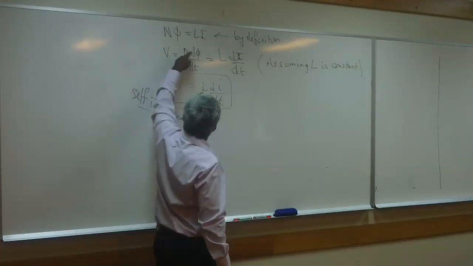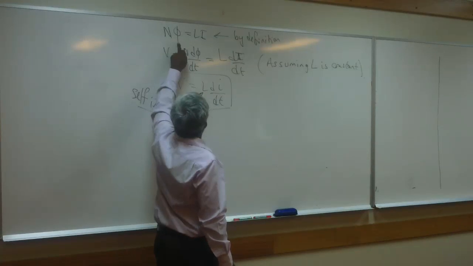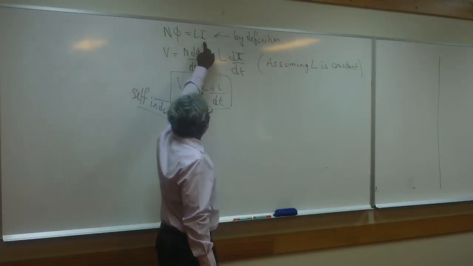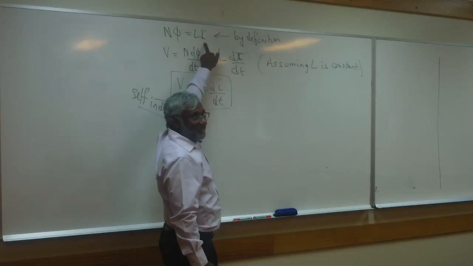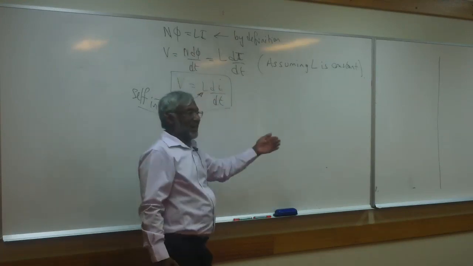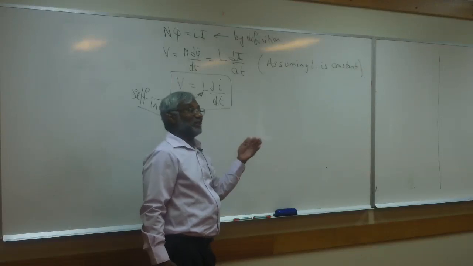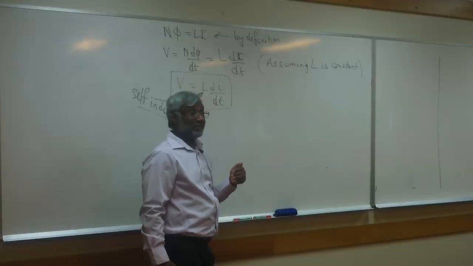Throughout this, we have made the assumption that this flux originates only from that current. But this flux can be associated with other currents flowing in other coils, which means that you have to introduce the idea of mutual inductance.